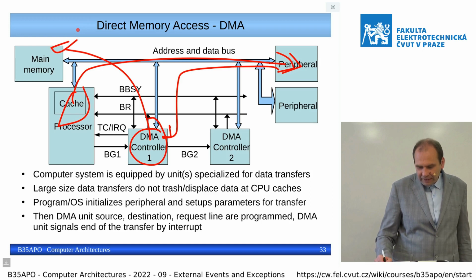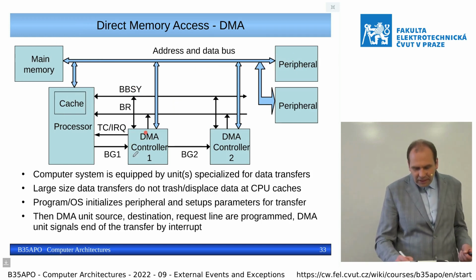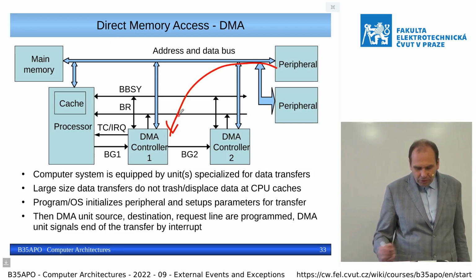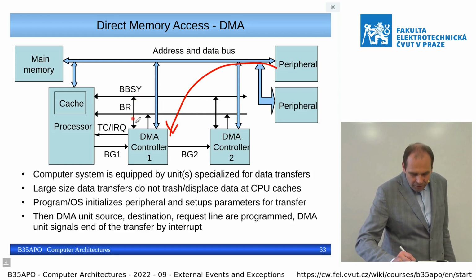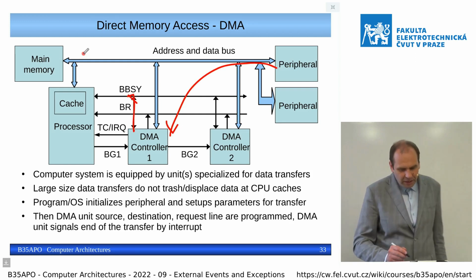So in this case, we only set the request of which data should be stored where, then the peripheral informs the DMA controller there are data, and the DMA controller sends a bus request signal. It is for the shared parallel bus.